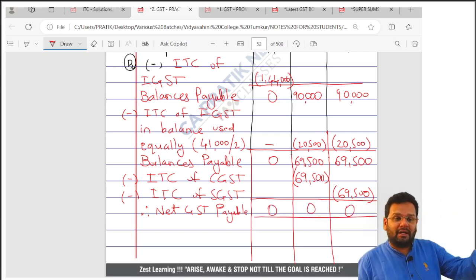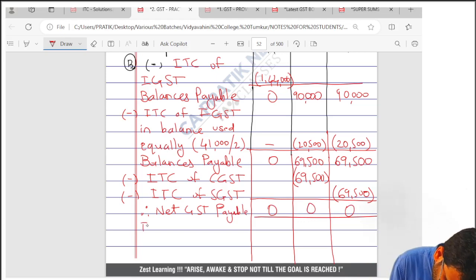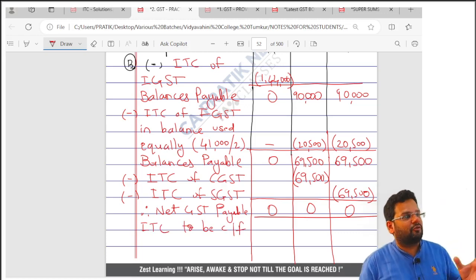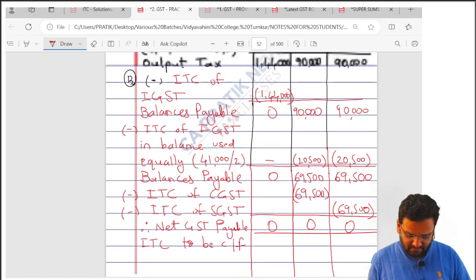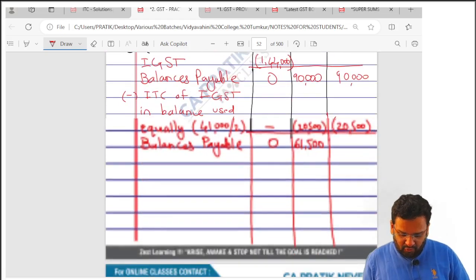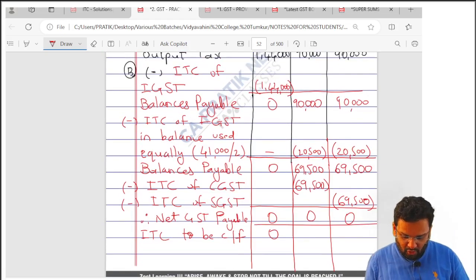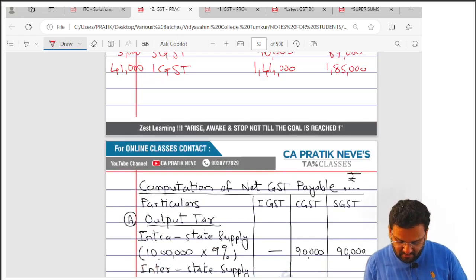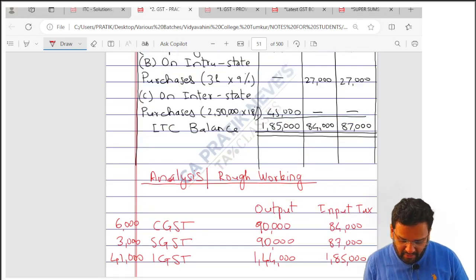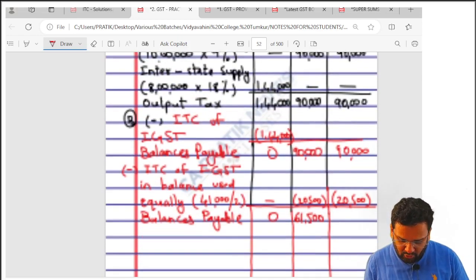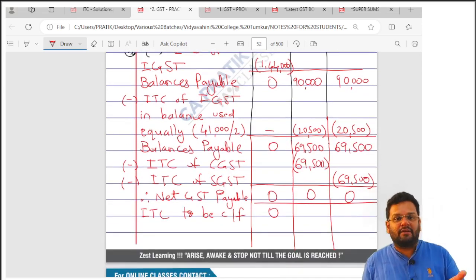But what is the ITC to be carried forward? That is the main thing here. ITC to be carried forward. Calculate. For IGST, of course, 0. For CGST, you had ITC of 84,000, out of which you have used 69,500.